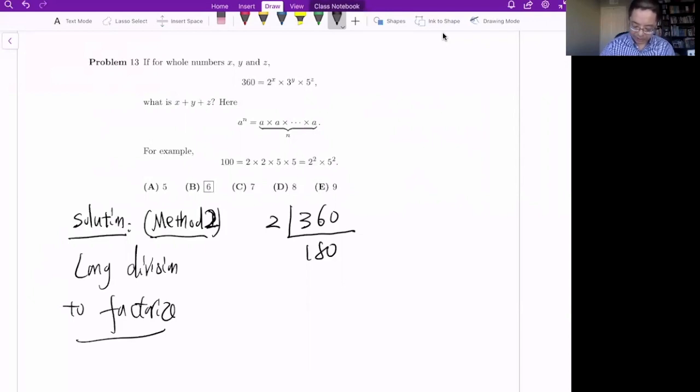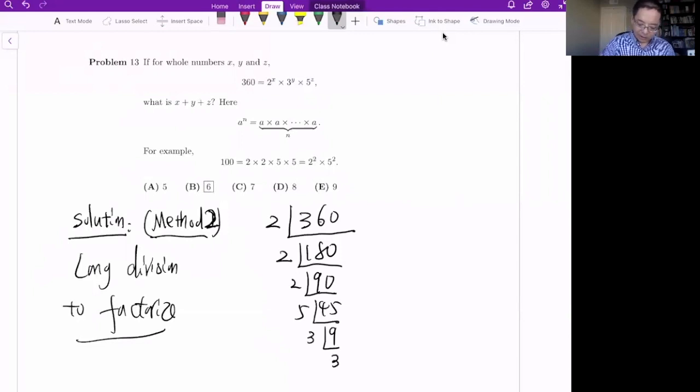This gives 180. Now I can use 2 again, because let's just start with prime numbers. So I get 90, and then 90 divided by 2 is 45. You see, it's an odd number, so I can no longer use 2, but I realize this is a multiple of 5, so I use 5, and 45 divided by 5 is 9, and then I divide by 3, and this one is 3.